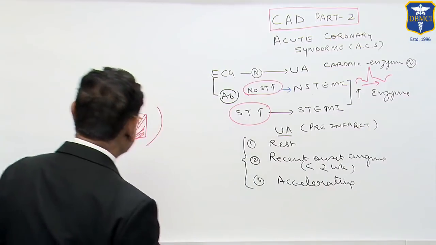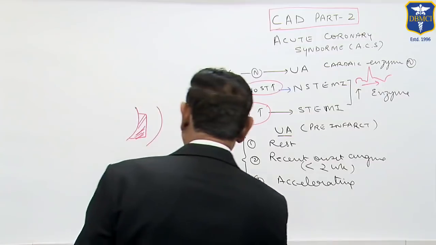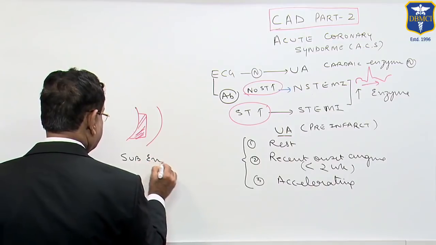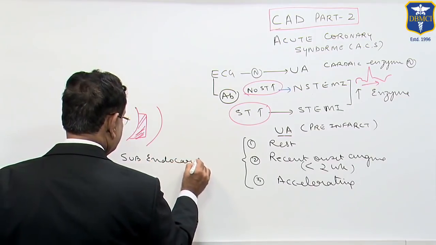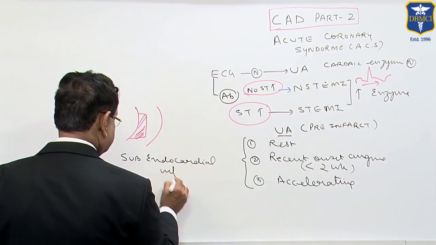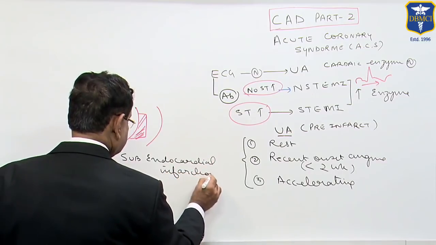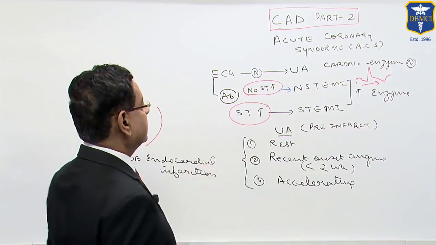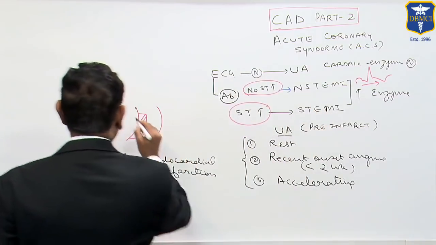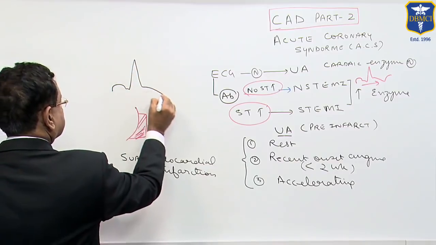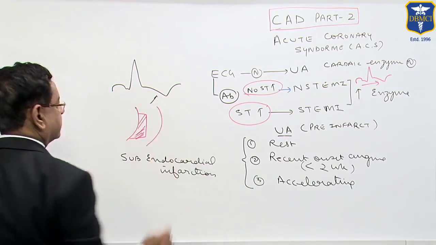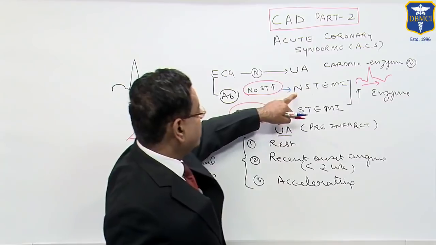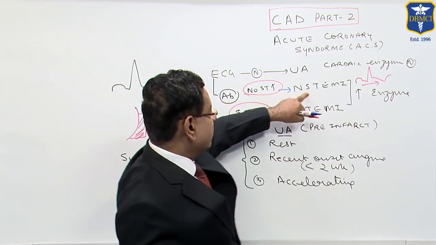That's why previously we called this entity subendocardial infarction. It was not a transmural infarction, but now the term we use is non-ST elevated MI. In this case, in the ECG, we get symmetrical T wave inversion. Of course, we don't get ST elevation. That's why we call it non-ST elevated MI.